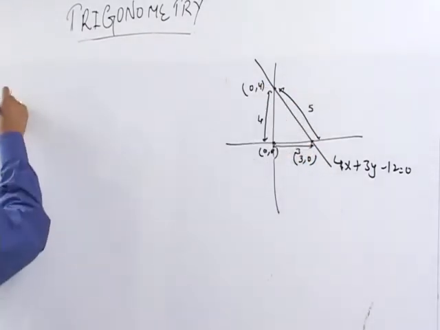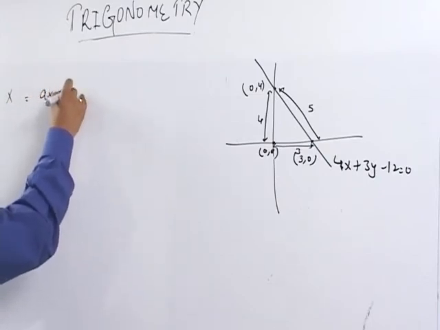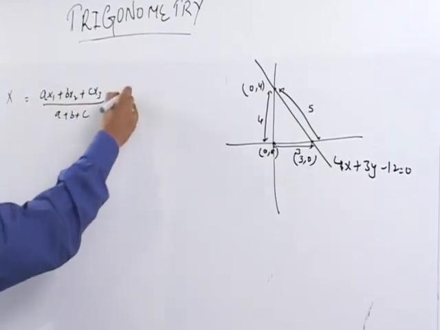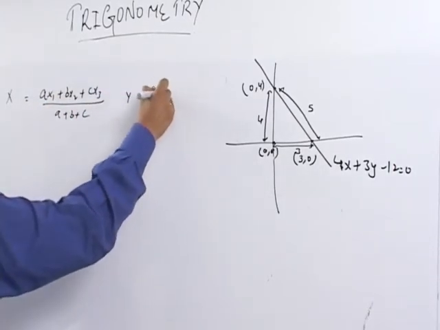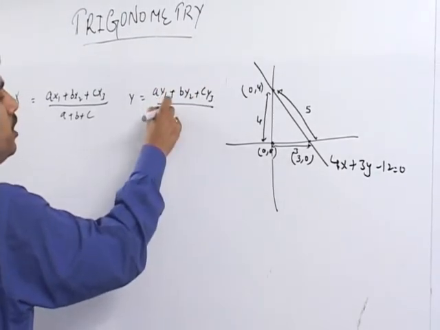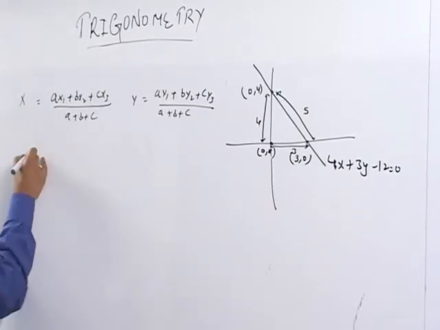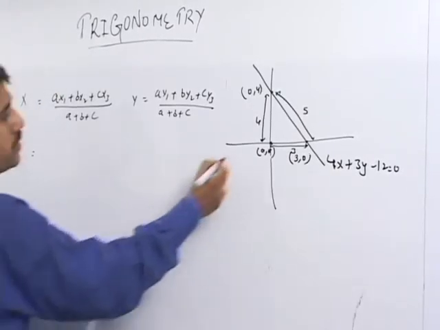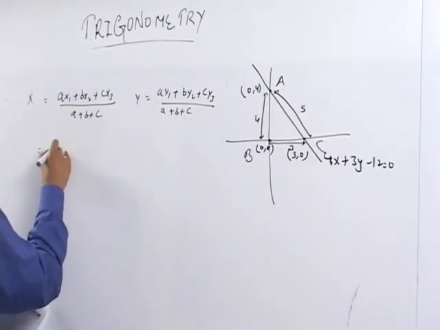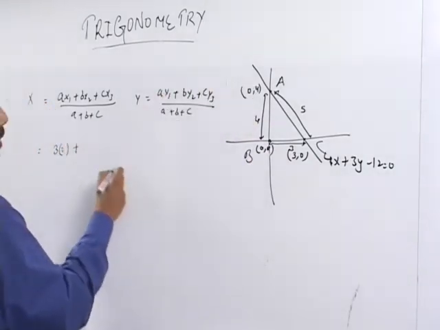Now we know that the incenter is x equal to a x1 plus b x2 plus c x3 over a plus b plus c, and y is equal to a y1 plus b y2 plus c y3 over a plus b plus c. Now if you put the value here, let this be a, this be b, this be c, then a will be 3, and the x coordinate will be 0 plus b.